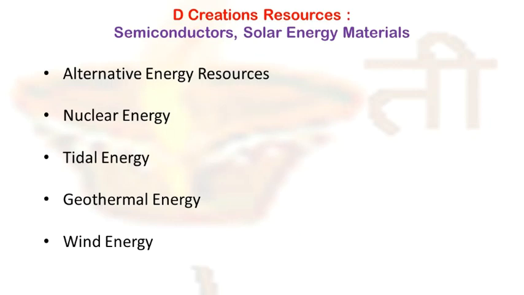Sea tides are basically the result of gravitational attraction between the earth and the moon. And we know that the tides arise twice a day, and the rise and fall of the water level is used for energy conversion. When the water is going to rise, it will be captured in a basin, and it is then allowed to flow back during the low tide.